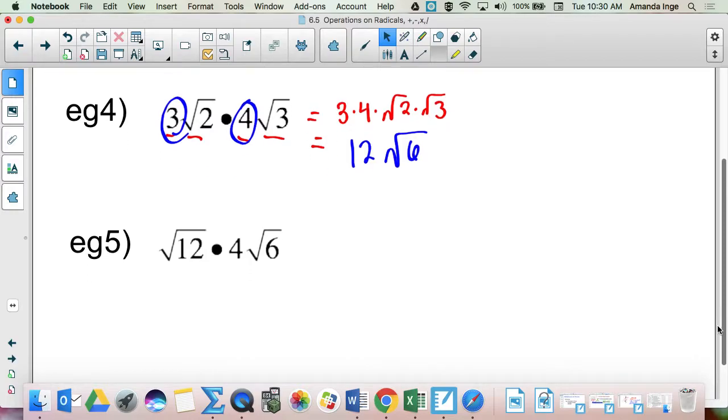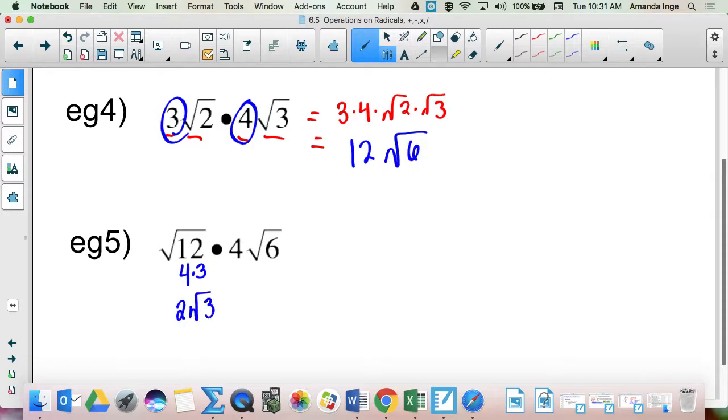On a problem like number 5, you probably should simplify this to begin with. It will make it a lot easier. Now this is 2 square roots of 3 times 4 square roots of 6. So 2 times 4 is 8. But once again, I would probably factor this.